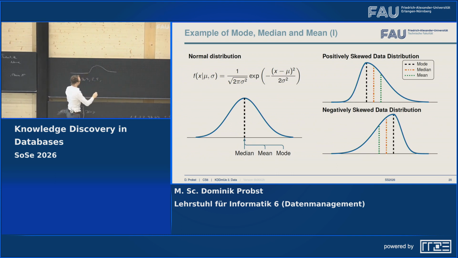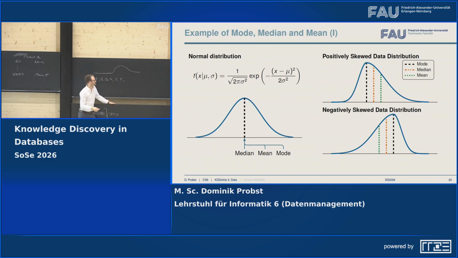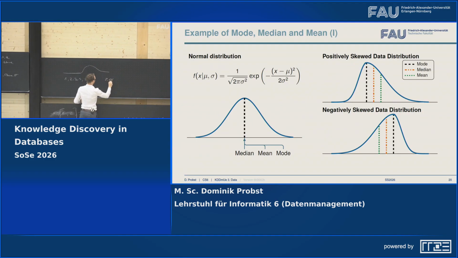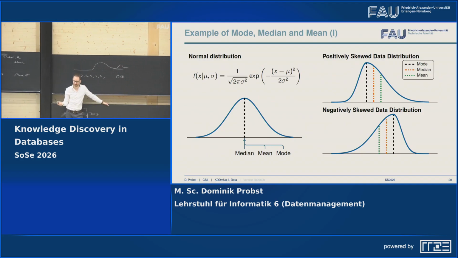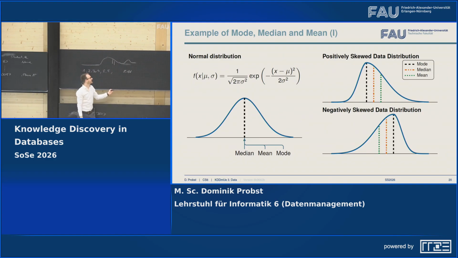If we take a look at the values themselves, then of course a distribution where we have 8, 8, 8 would have a second bump in here, and therefore it's obvious that the mode is above the median. So let's say the median is here and the mode is here. The median and the mean is here. Sorry.